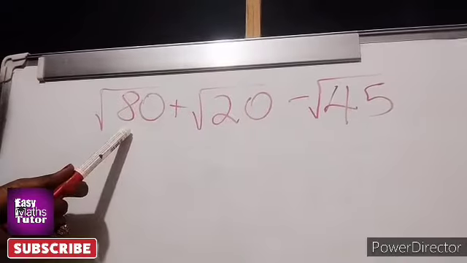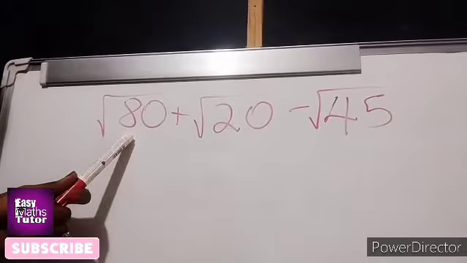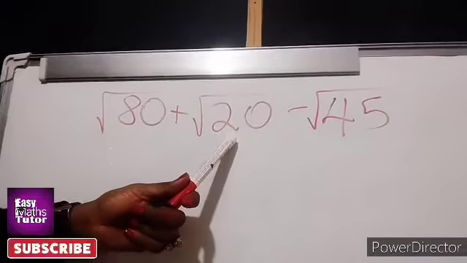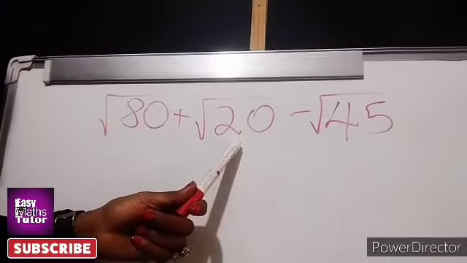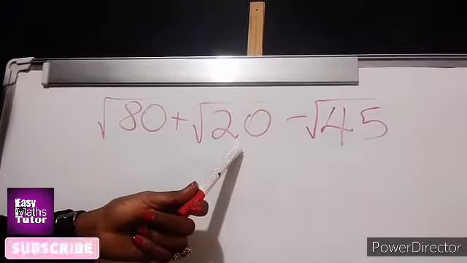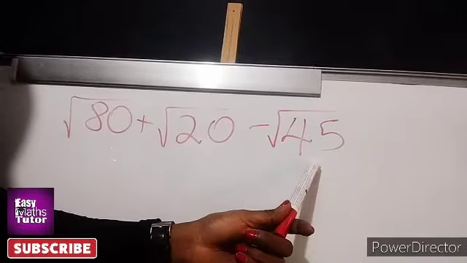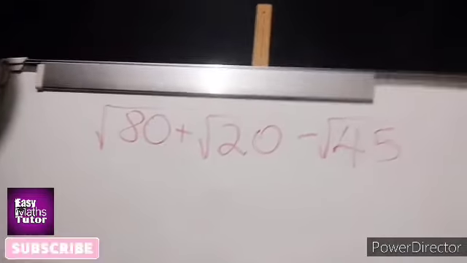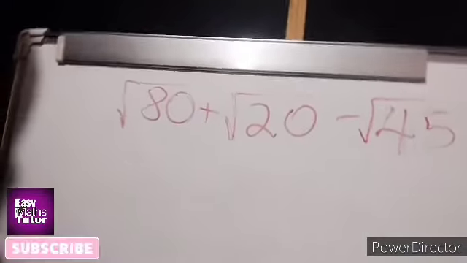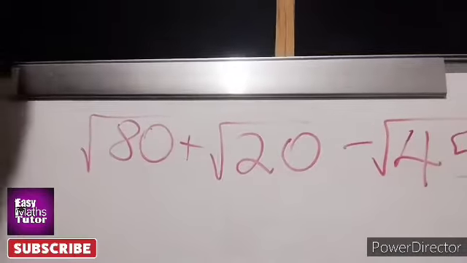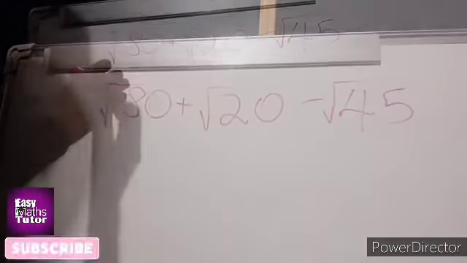I can already pinpoint 16 as a perfect square in 80. I can also pinpoint 4 as a perfect square in root 20. And I can also pinpoint 9 as a perfect square in 45. So with that in mind, we're going to solve the problem. Just watch what I'm doing.